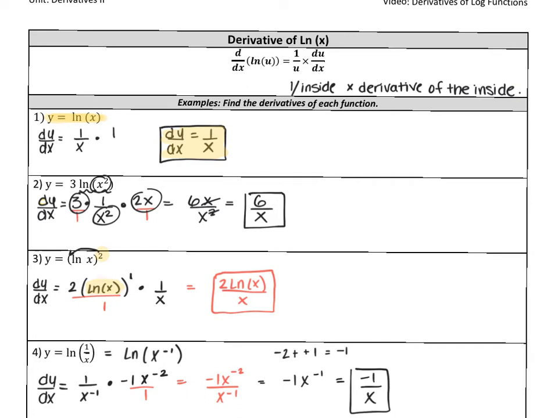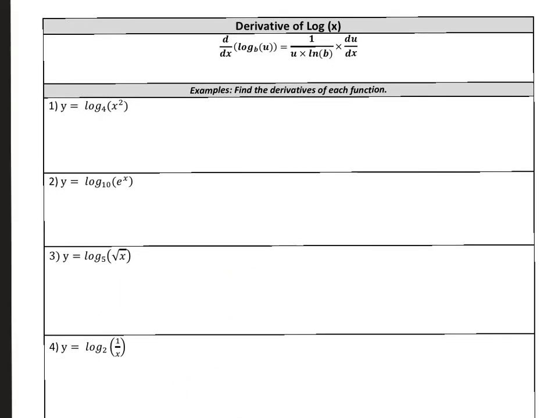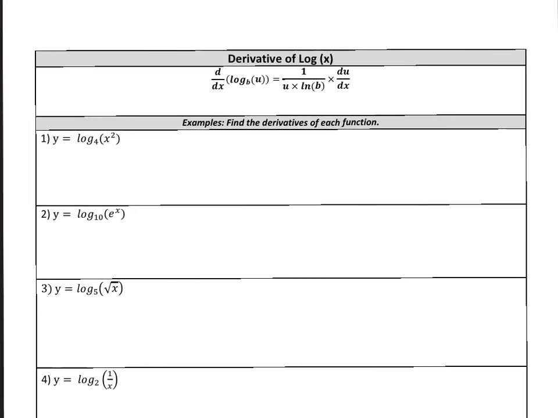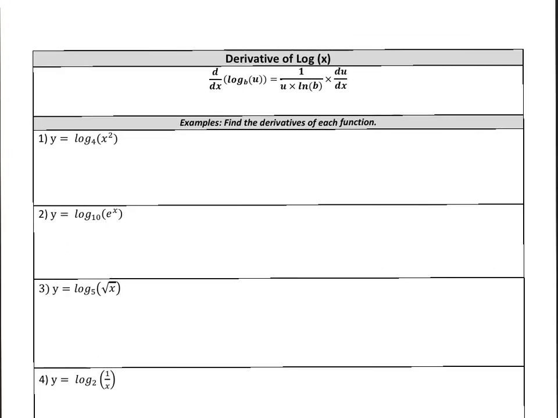All right, let's move on to logs. So similar features, when I'm taking the derivative of a log function, it's 1 over u, 1 over the inside, times ln of the base, times the derivative of the inside.